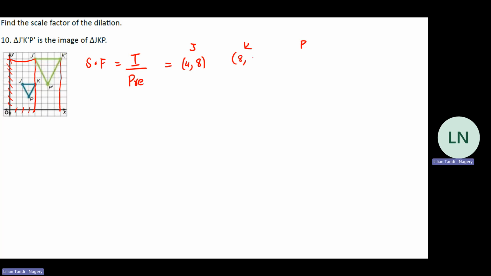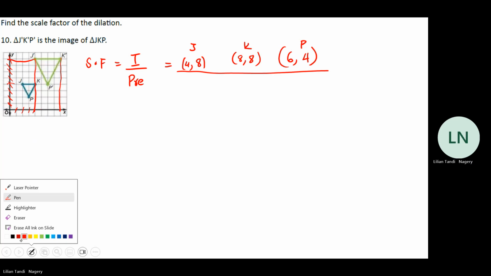And then this should also be 8 because they're on the same line with J. Then let's do P. 4, 5, 6. And then we are here. 1, 2, 3, 4.